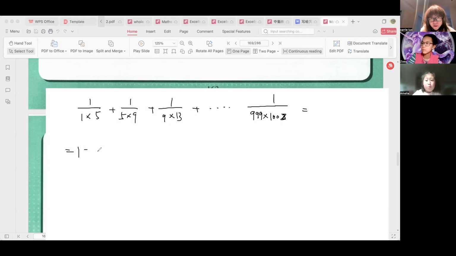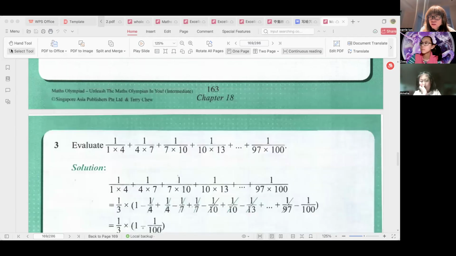Should be 1 minus 1 over 5 plus 1 over 5 minus 1 over 9, right? But because the difference is 4, sorry, this one should be 3. So we have to divide by 4 for the last one. Correct? Understand, Zoe?